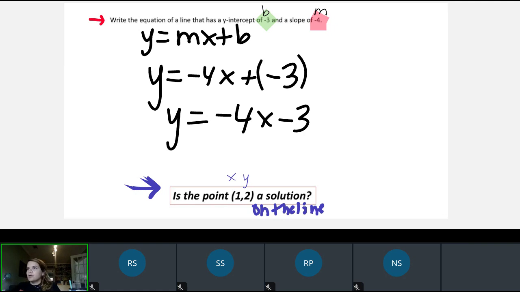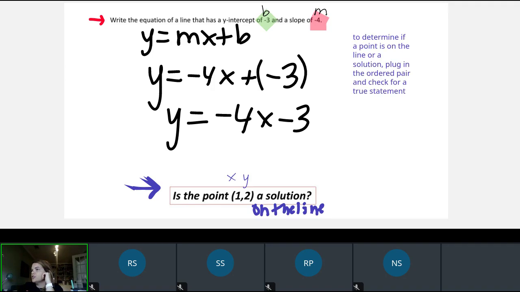To determine if a point is on the line or a solution, plug in the ordered pair and check for a true statement. I know that seems a little bit vague at the moment. Let me show you what that looks like.